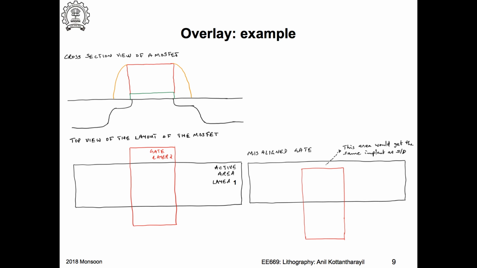What is my problem with this? What is the requirement when I put my layer 2 on top? Can you relate that to overlay? Suppose I have a misalignment and my gate ends here, for example.